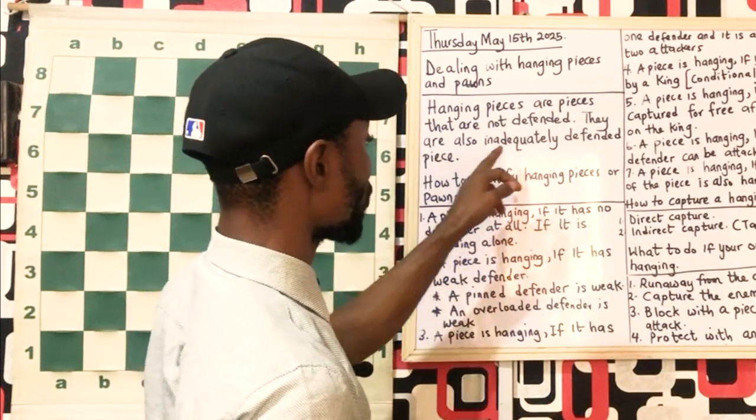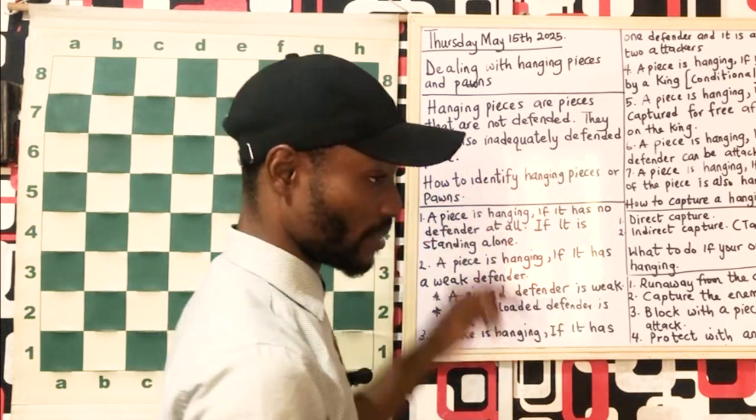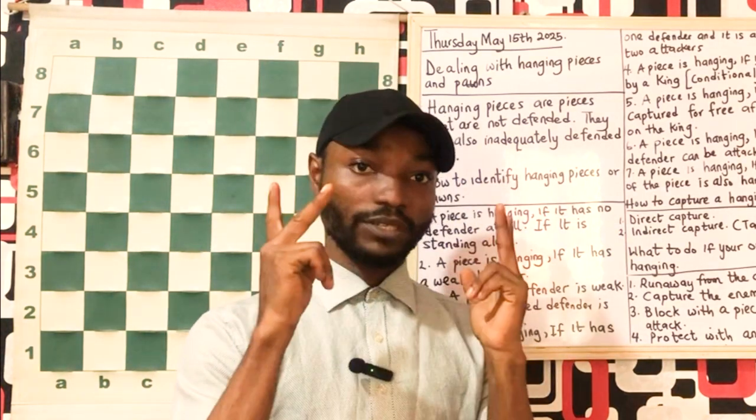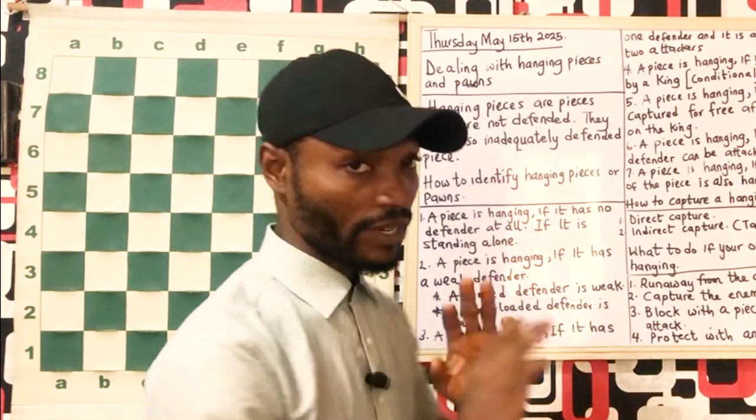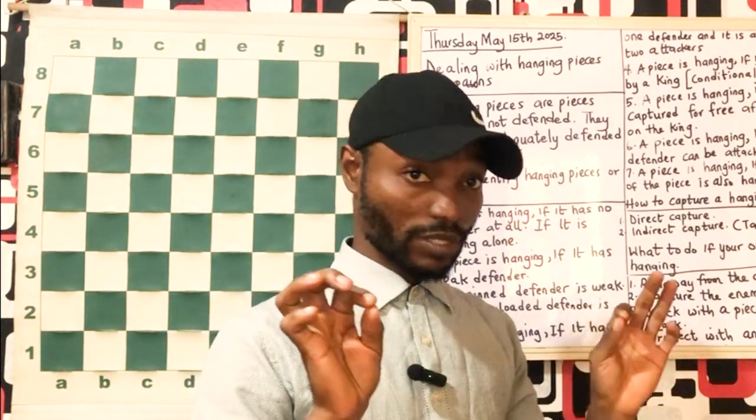They are also inadequately defended pieces. So we should have two images in our mind. The first one is not defended. A piece that is not defended looks like this.